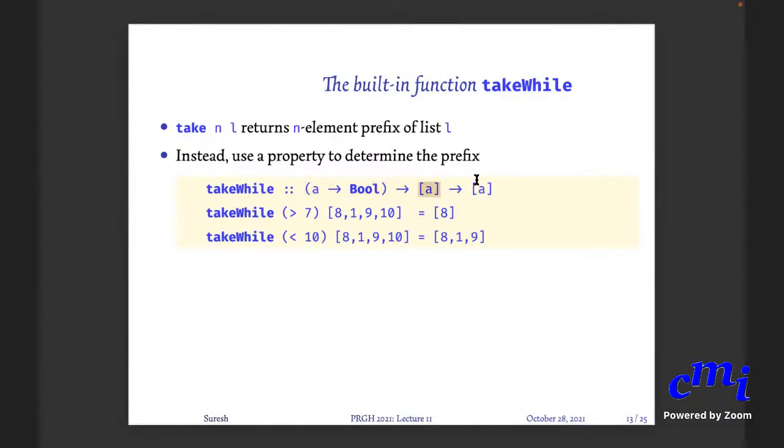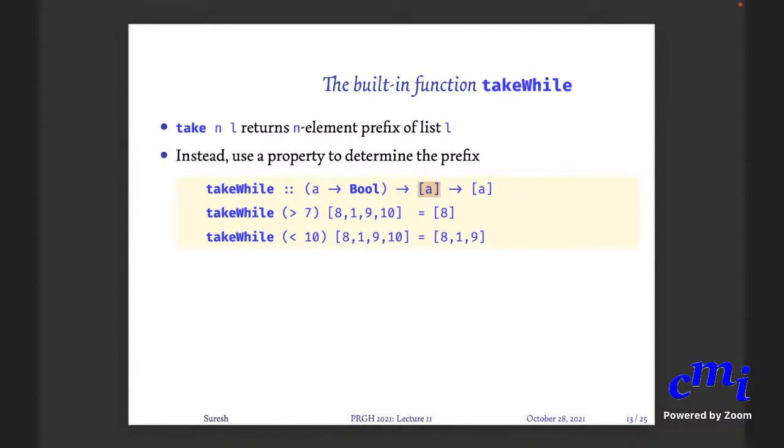You will see that the type is the same as the type of filter, but the behavior is different. Okay, so look at this. takeWhile of greater than 7 on 8, 1, 9, 10 will return the list consisting of the element 8.